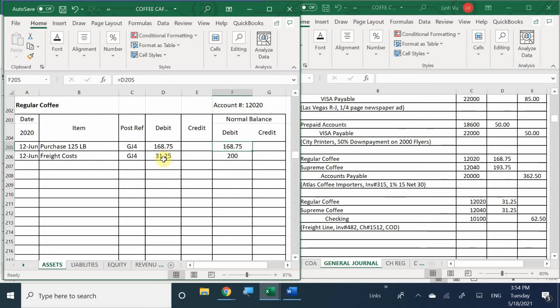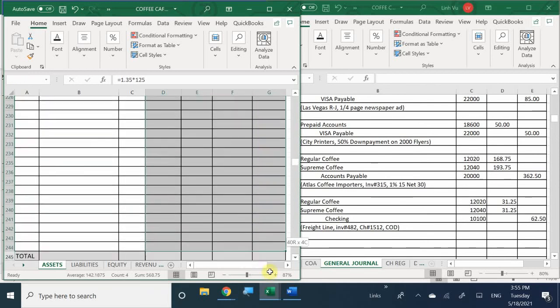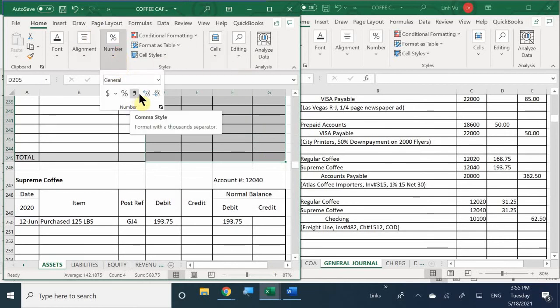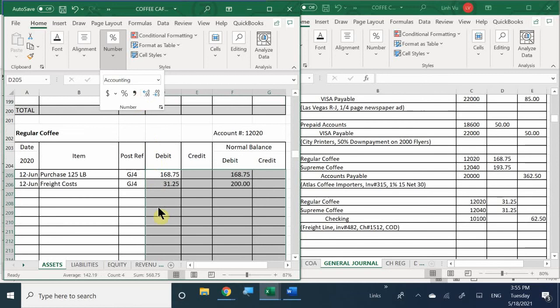It's included in the price of the inventory item. Therefore, my total inventory balance here is now $200 for my regular coffee. I'm going to quickly format this. Okay, so there we have it.